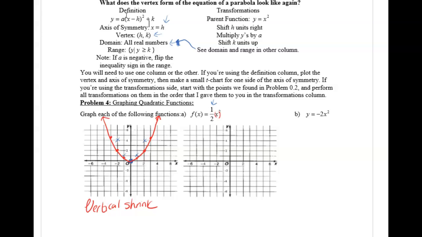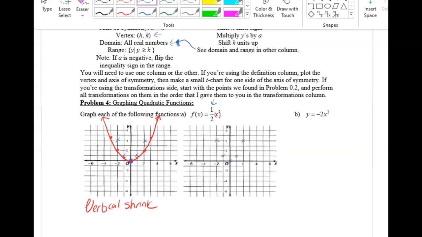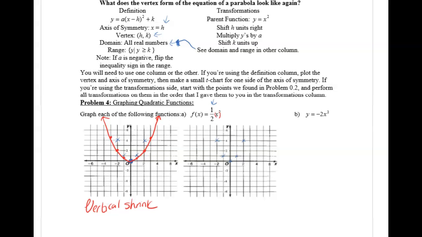Alright, so next one, again, I'm just going to mark very lightly. My parent function should be at 0, 0, 1, 1, 2, 4, 3, 9. Alright, so there's my parent function. And then now I'm going to multiply my y's by -2.